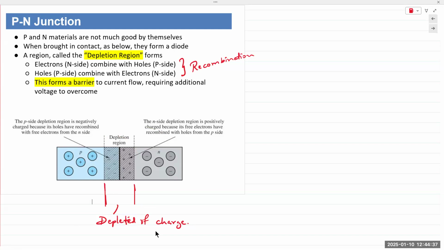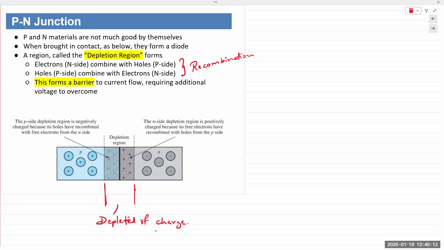Now, in the E major classes, we go in depth. We talk about the equations that are required to calculate the movement. There are equations that we use to calculate the voltage across that junction. Because of this barrier right here, if you want to conduct electricity through this junction, some of that energy is consumed in overcoming this barrier.